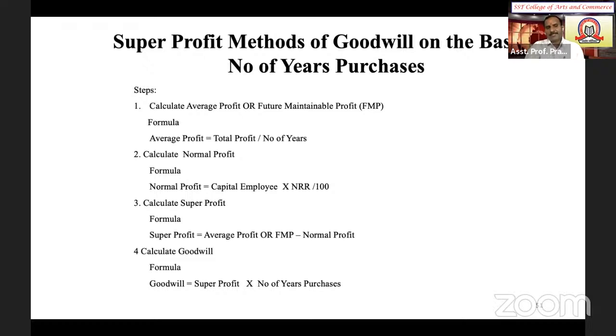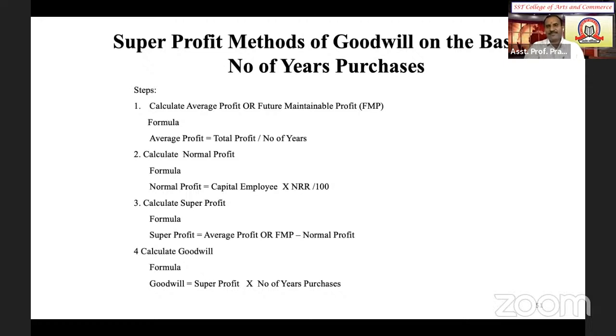Step number 3, calculate super profit. The formula is very simple: step number 1 answer minus step number 2 answer, that is, average profit or future maintainable profit minus normal profit. Step number 4, calculate goodwill. For valuing the goodwill under the super profit method, goodwill is equal to super profit multiplied by number of years purchase.